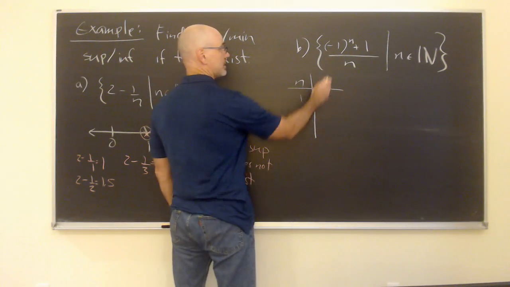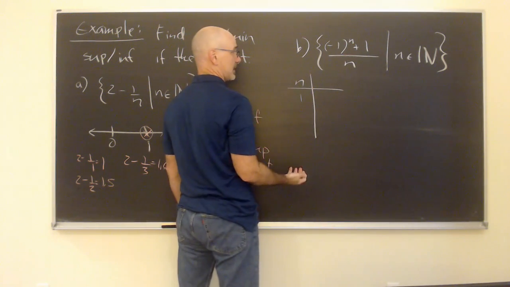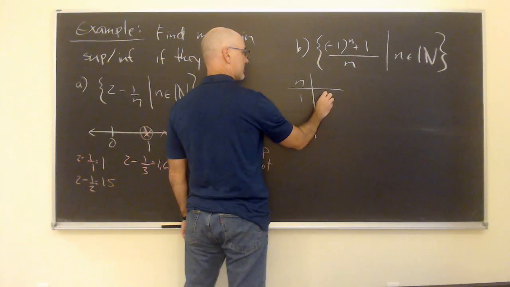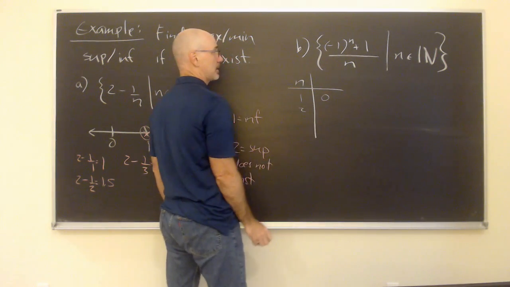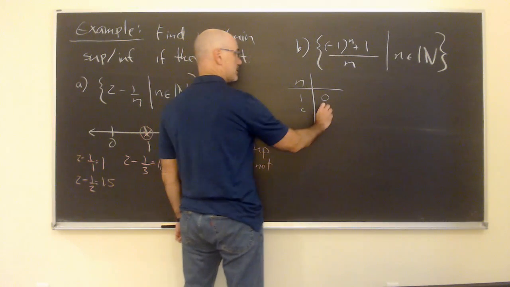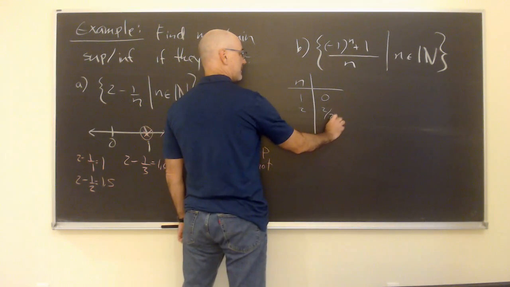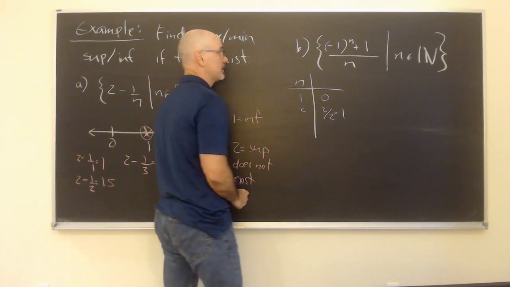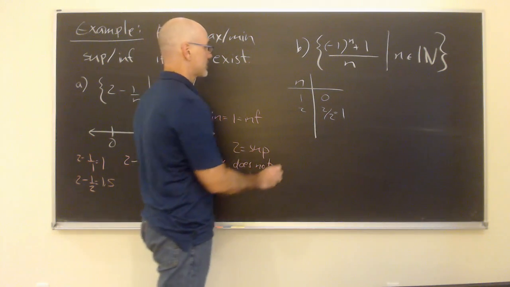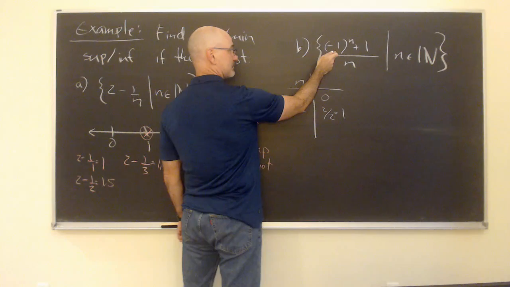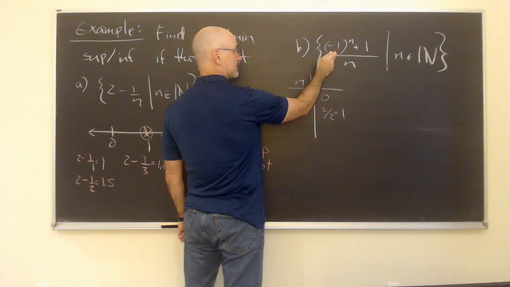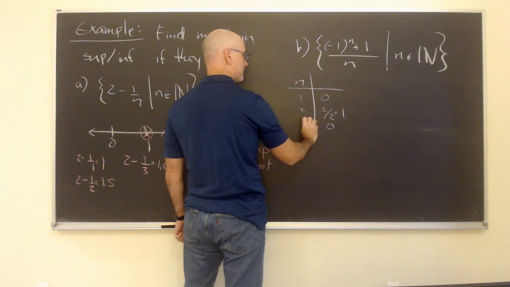We have n. If n is 1, minus 1 to the n is a negative 1. Negative 1 plus 1 is 0, so I get a 0. If n is 2, minus 1 squared would be a 1. That would give me 2 on top, 2 on bottom, so that's a 1. If n is 3, odd exponent, taking negative 1 to that exponent gives me back negative 1, so another 0.